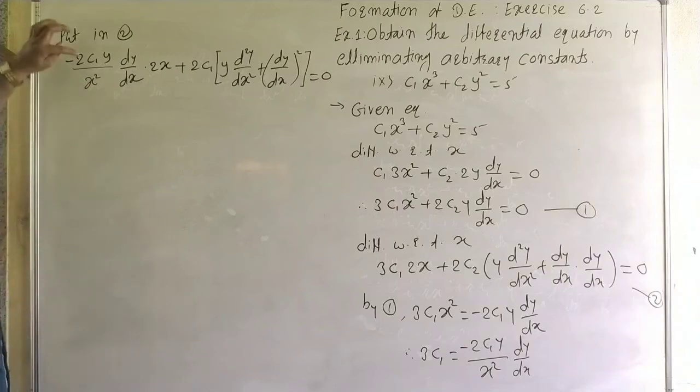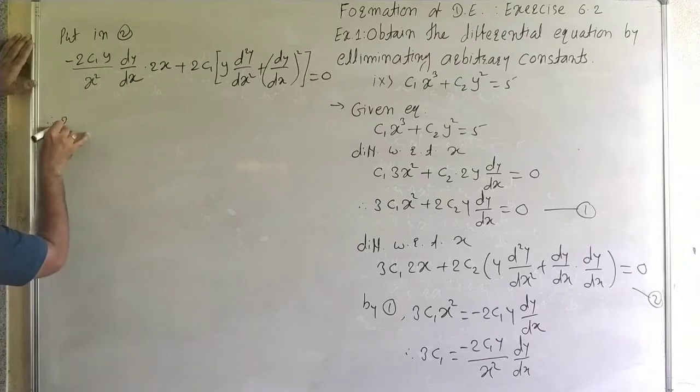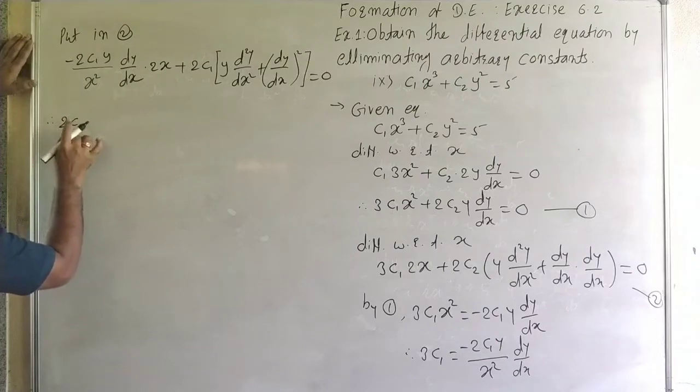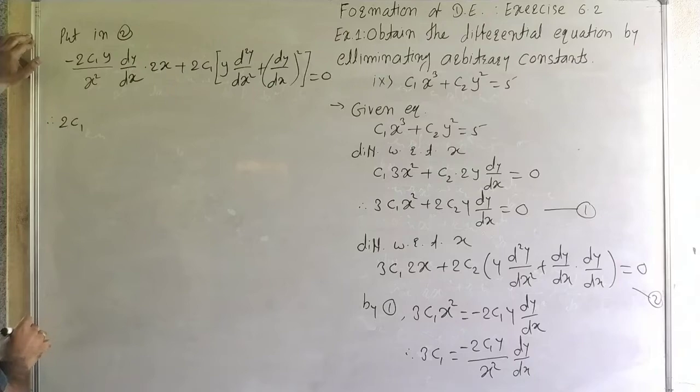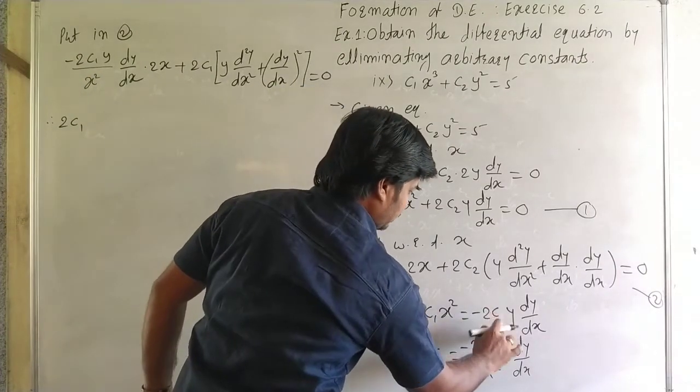Now again here it is 2c2 and here it is 2c2 to take common. Then we can take common 2c2.